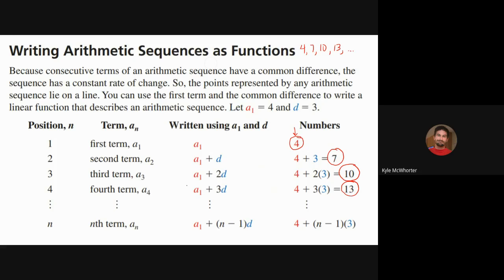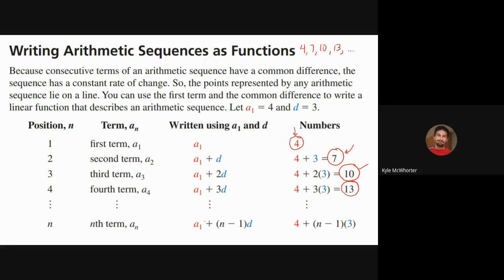To get the third term, instead of saying it's this term plus 3, you can say adding another 3 is just adding another d, right? So the third term is the first term plus 2 common differences. So you'd be adding 3 twice to get 10. Then the fourth term is the first term plus 3 differences.